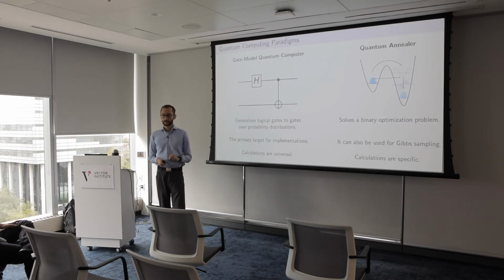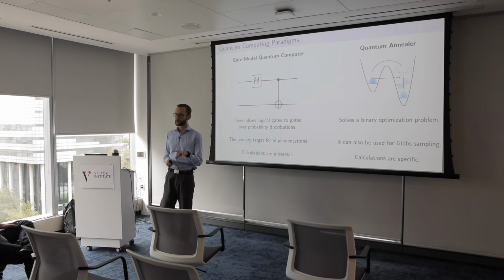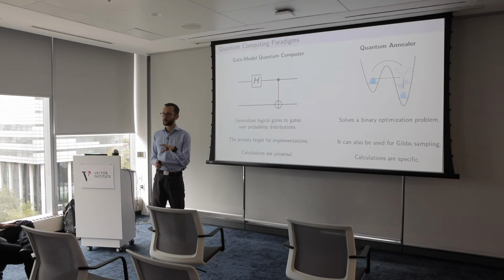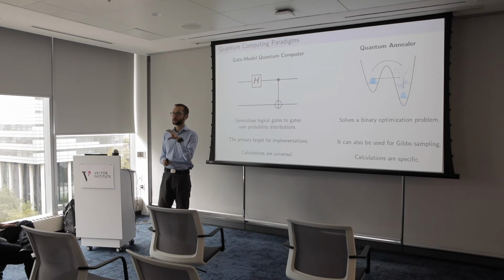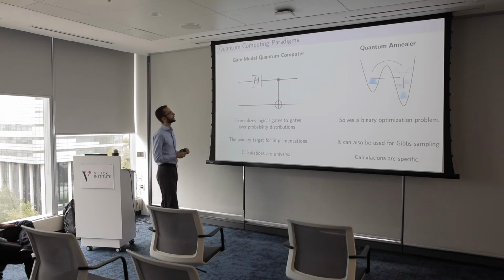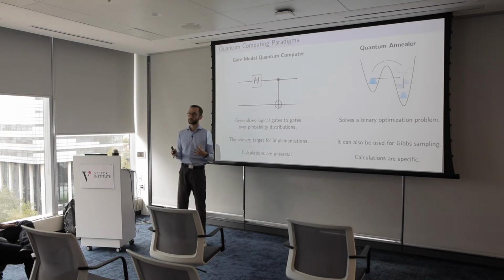Then, so quantum computers, irrespective of the type of quantum computers, transform probability distributions, and they do these global calculations. But there are two major paradigms, and this is where it gets a little bit confusing, so I just want to dispel confusion. So one model of calculation is what we call universal quantum computation or gate model quantum computing.